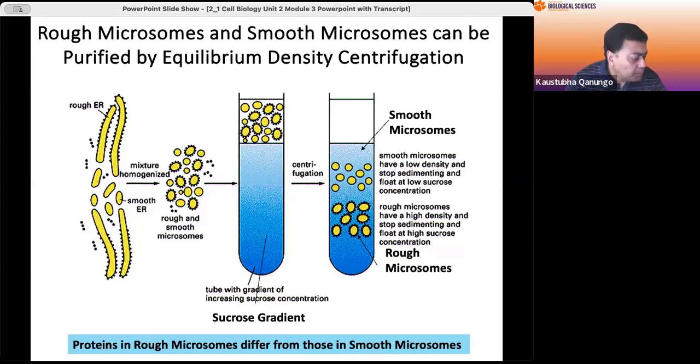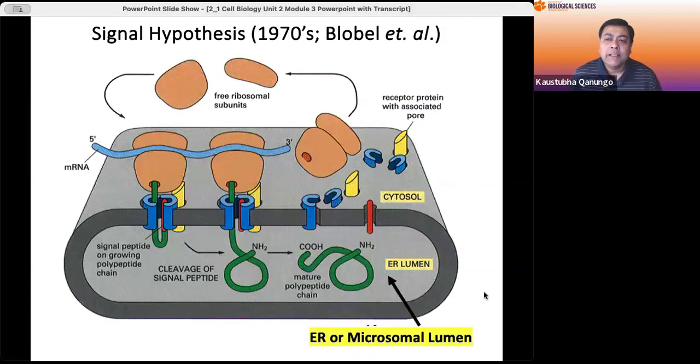So let's take a look at the different types of experiments that you can do. There was some evidence from the late 1960s that the proteins synthesized through the ER and Golgi, going to the plasma membrane or secreted outside, must have a signal that takes the ribosomes and the mRNA onto the ER.